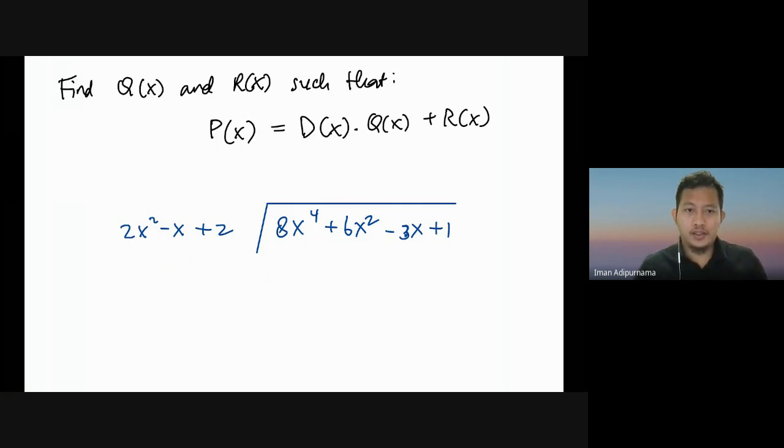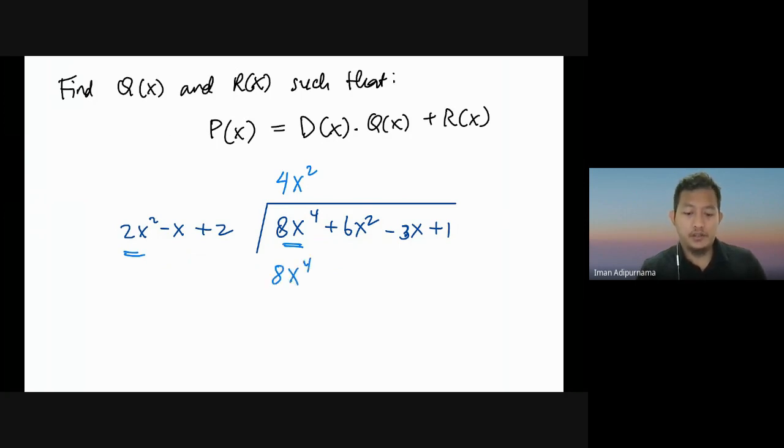Okay guys, let's start. We have 8x to the fourth, and we have 2x squared, so we need to multiply by 4x squared, so that we have 8x to the power of 4.